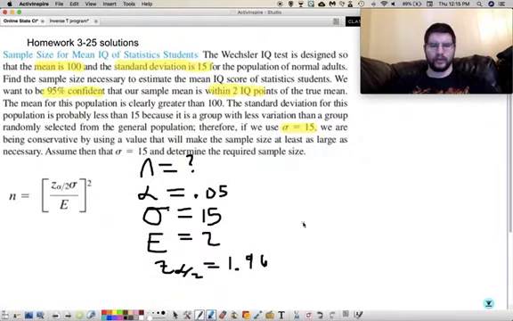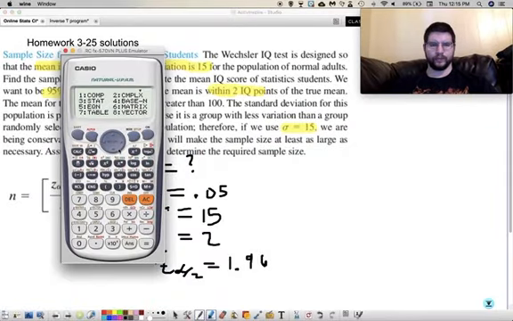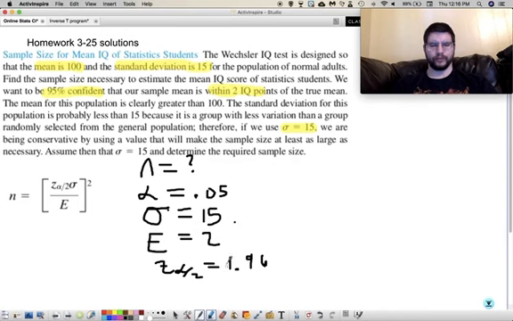And on the calculator, you could just do an inverse norm. 0.025, don't forget to cut it in half. Keep those standard, 1.96. So the critical values are negative and positive 1.96 for an alpha value of 0.05.